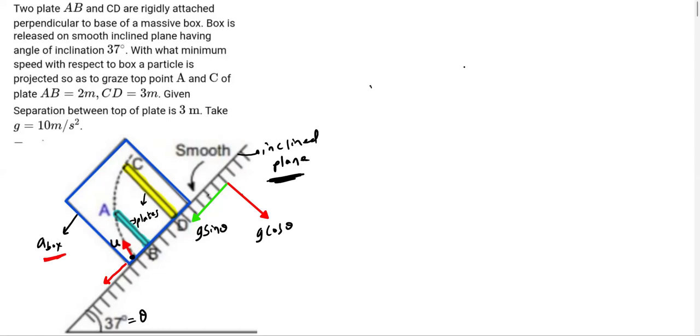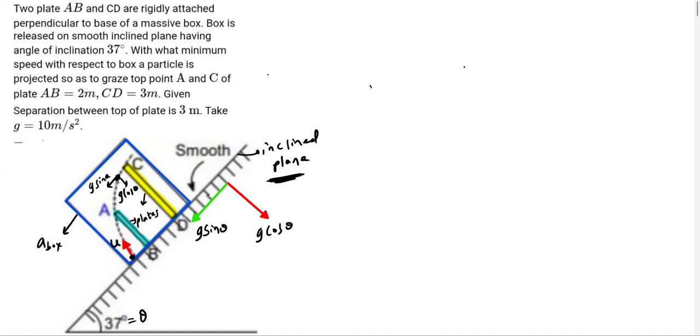What about the particle? When it is moving in air, it will have two accelerations: one g sin theta, the other g cos theta. The acceleration of the particle will be g sin theta and g cos theta.